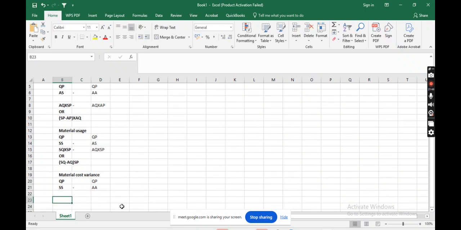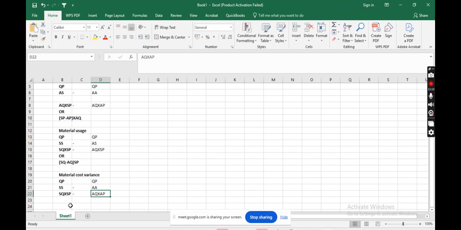So you will say your standard quantity times the standard price, minus the actual quantity times the actual price. You can see that there is nothing common. The standard quantity times standard price, then the actual quantity times the actual price. This gives us what we call the material cost variance.